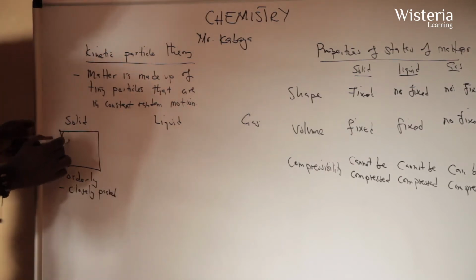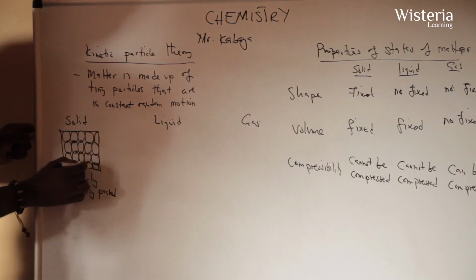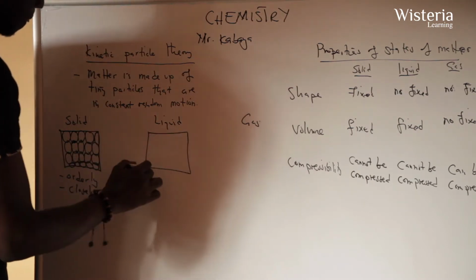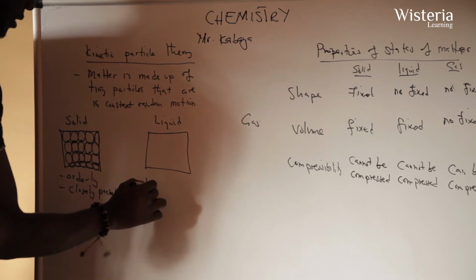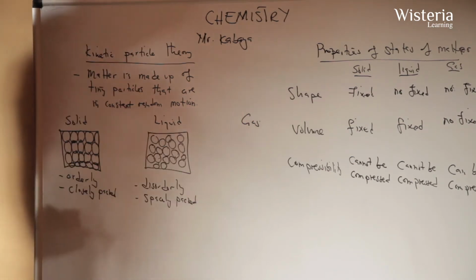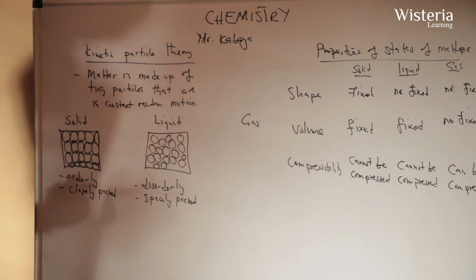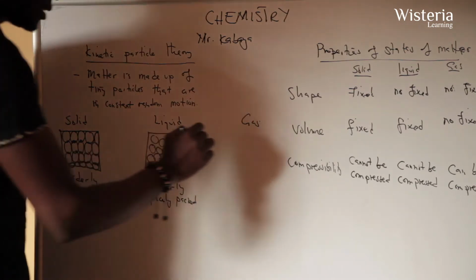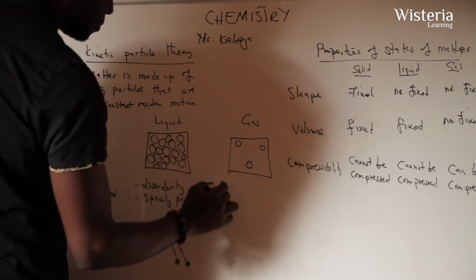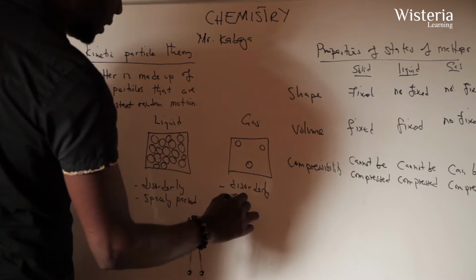In a liquid, the particles are disorderly and loosely packed. They are close, but not as close as the particles in a solid. Then in a gas, the particles are disorderly and far apart.